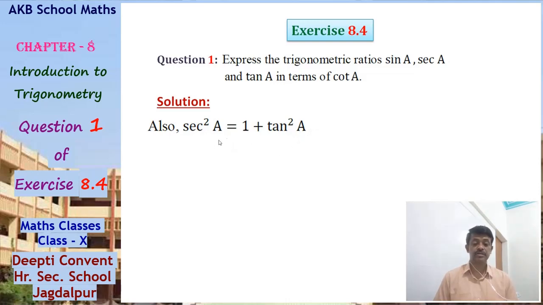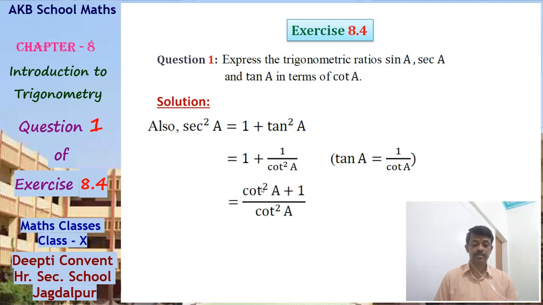That's why we are using this, because we have to find sec A in terms of cot A. Also we know that tan A equals 1 by cot A. So in place of tan A, we can write 1 upon cot A, and tan square A is 1 upon cot square A. Now solve it: sec square A equals cot square A plus 1 by cot square A. That's why sec A equals the square root of cot square A plus 1 upon cot square A, only in cot. So this is the value of sec A in terms of cot A.